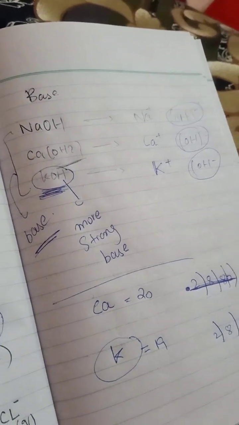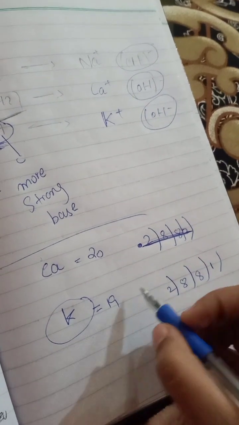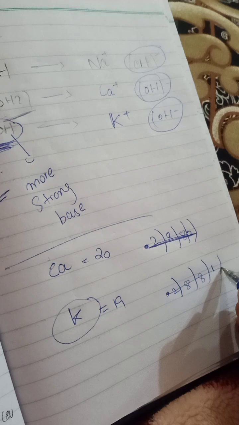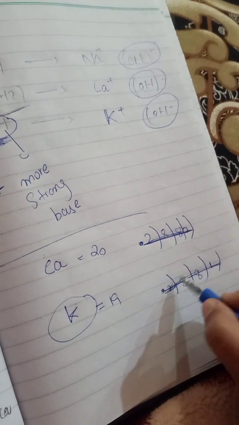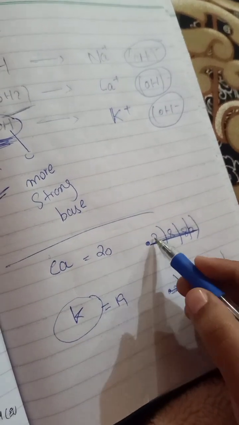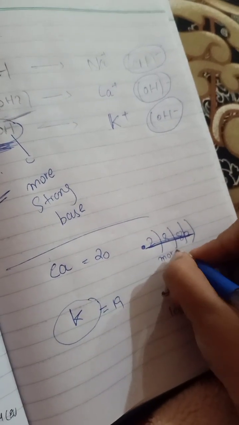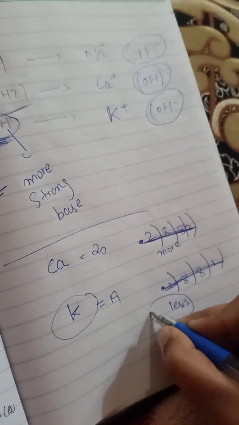But in potassium, there is one electron less compared to calcium, so the nuclear effect of potassium is less than calcium.